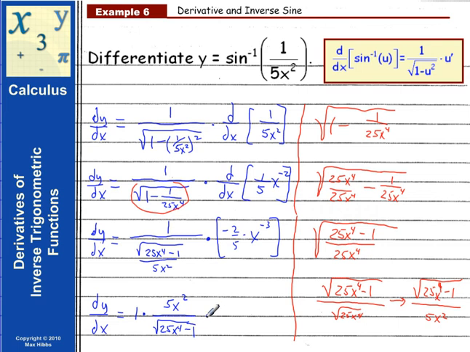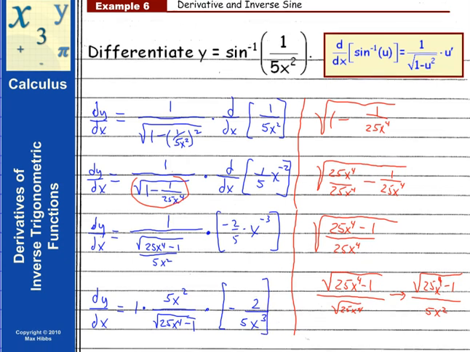Over here I'm going to write this a little bit differently. I'm going to write it as a negative fraction, so it's negative. Now, x to the negative 3 is 1 over x cubed, so we'll end up with a 2 in the numerator and a 5x cubed in the denominator.